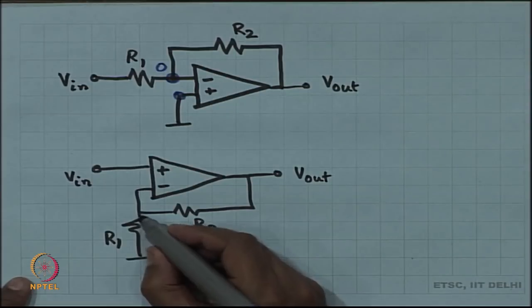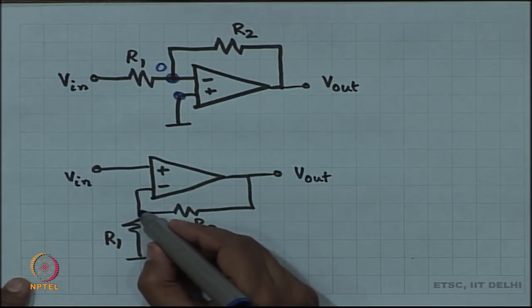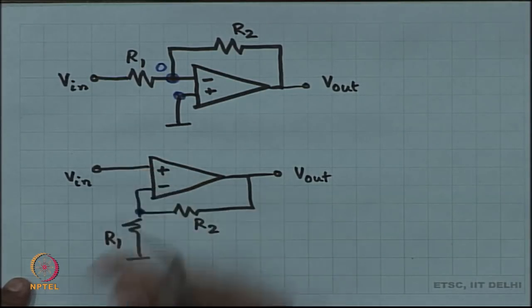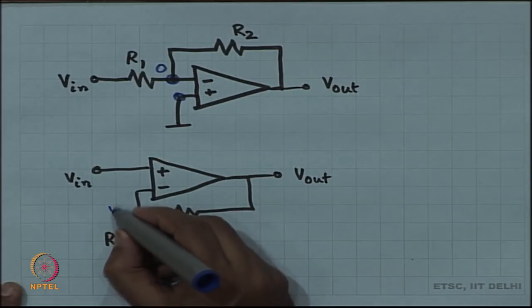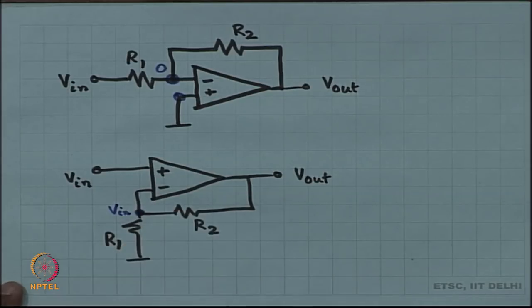In the other circuit, once again the voltage at the minus terminal is more or less going to be equal to the voltage at the plus terminal, which means in this circuit the voltage is V in. All right. So, this is all that you have to remember.